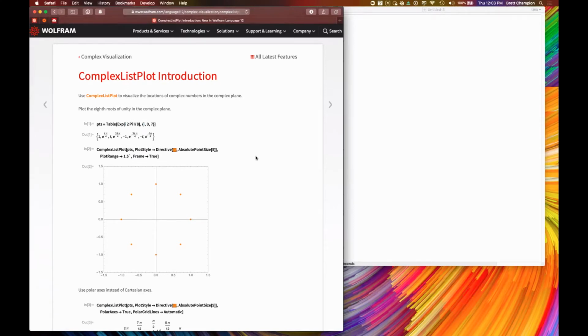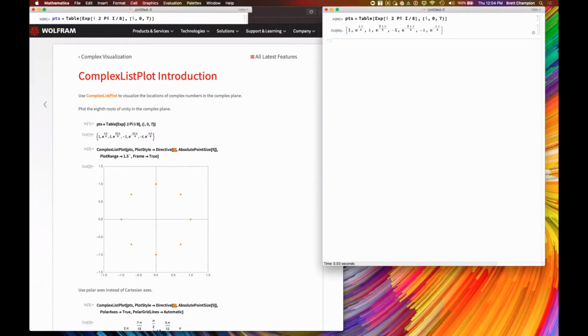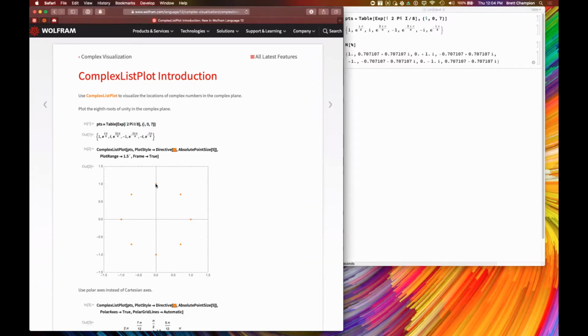It takes a set of complex numbers, and I'm going to paste that real quick, and if we numericize it, then we see that we have a bunch of things that have real and imaginary components. And so this just plots the numbers as points in the complex plane.